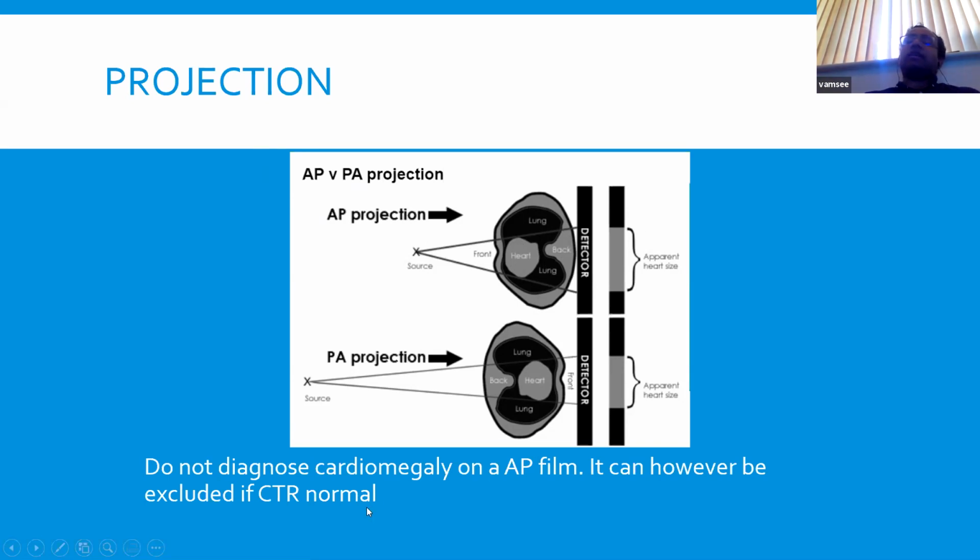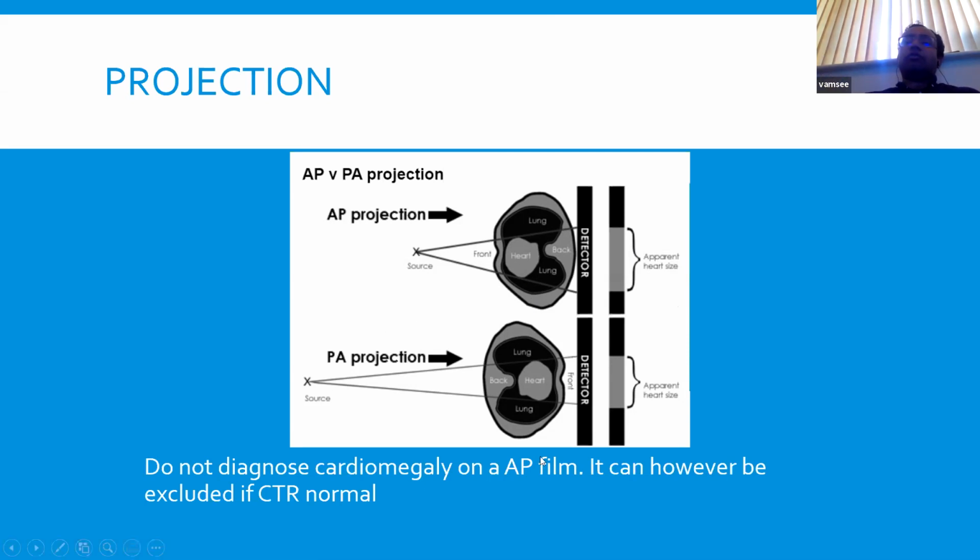Now what that means is that if you see a slightly enlarged heart on an AP film, it is fair to say that it is difficult to comment on the heart size. If the heart size is normal, so if it's say 45% of the overall cardiothoracic ratio on an AP film, because the heart size tends to be magnified, that's okay, because that would usually indicate that the heart isn't enlarged.